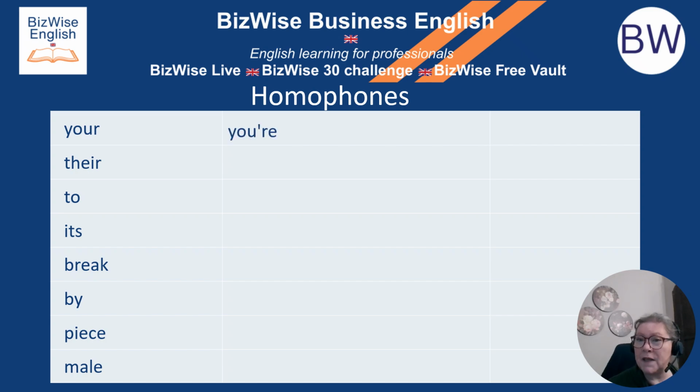You apostrophe R-E sounds the same, your, but it is you are, a verb. Then look at the next one, there. Think of other ways you can spell there. Same sound, there. How about there? T-H-E-Y apostrophe R-E is they're.